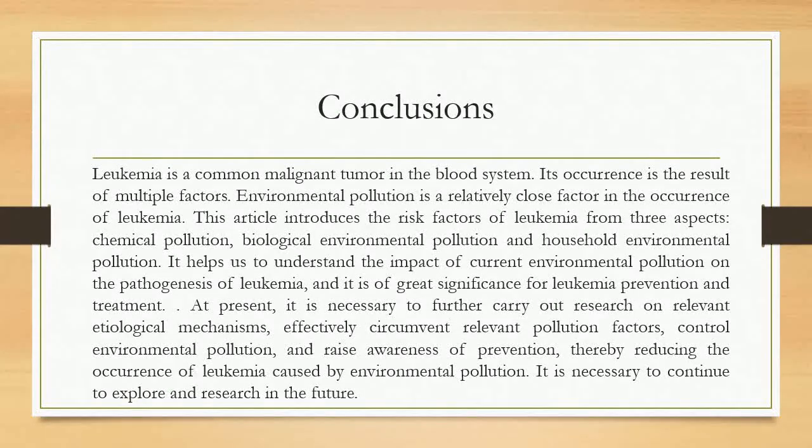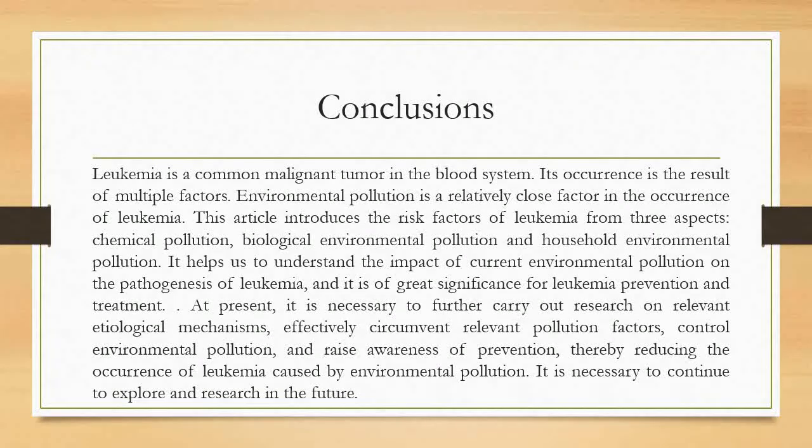This article introduces the risk factors of leukemia from three aspects: chemical pollution, biological environmental pollution, and household environmental pollution. It helps us to understand the impact of current environmental pollution on the pathogenesis of leukemia, and it is of great significance for leukemia prevention and treatment.